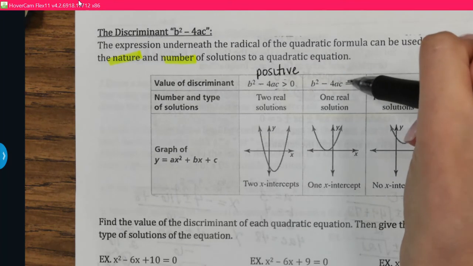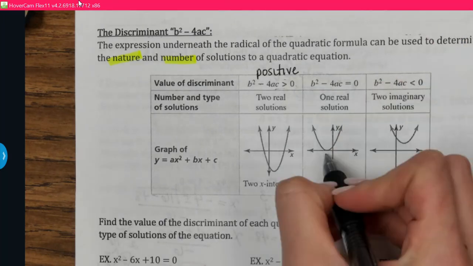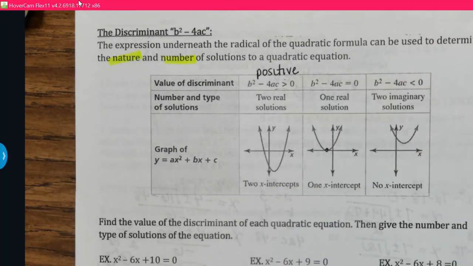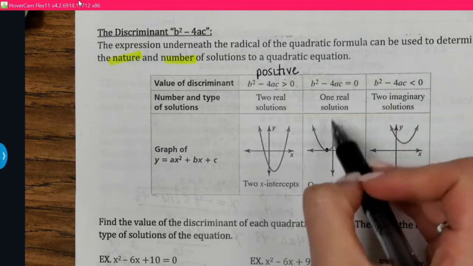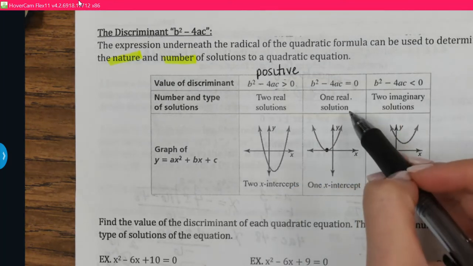When that discriminant is equal to 0, we say it's a double solution because that's only one x-intercept. So in your algebra, we label it ds, but on your graph, you only have one x-intercept. So you would have one real solution.